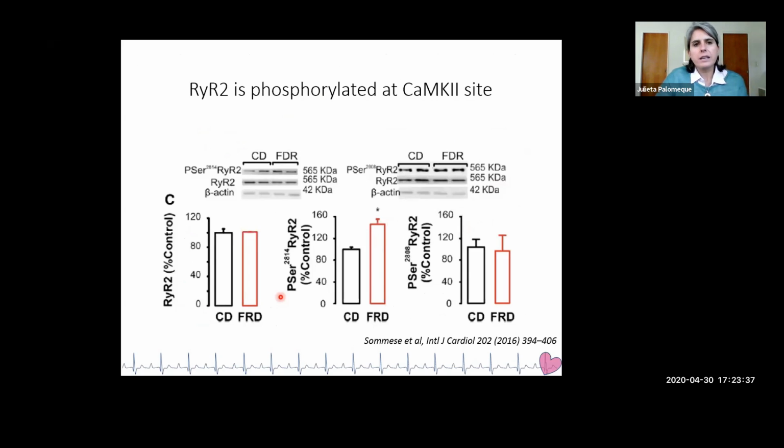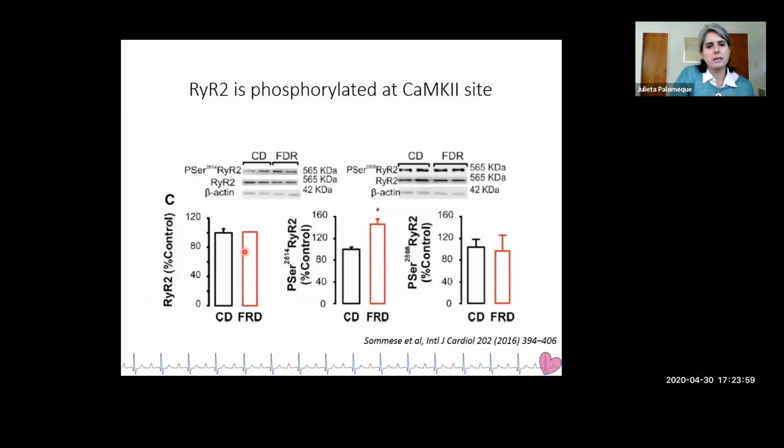And because one of the targets of CaMKII is ryanodine receptor 2, which is a very important protein in the EC coupling, we looked for the phosphorylation of this protein at the CaMKII site and at the PKA site.